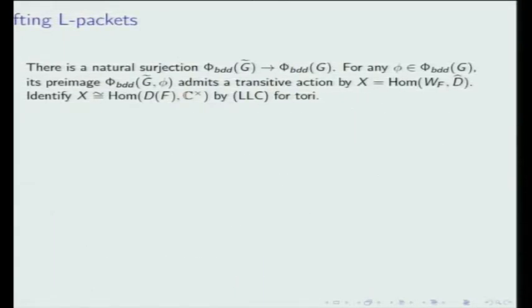There's a natural map from the parameters of G tilde to the parameters of G. And if you take a parameter of G and take its pre-image, in fact, it becomes an X-torsor, so this group X will act transitively. And X is also identified with the characters of D by the local Langlands correspondence for tori.